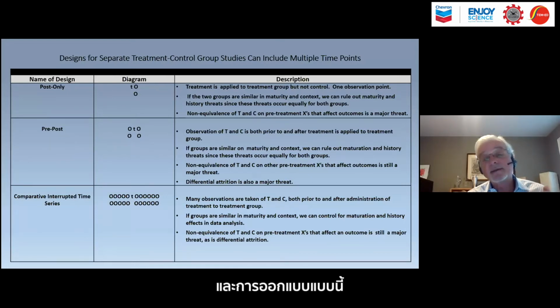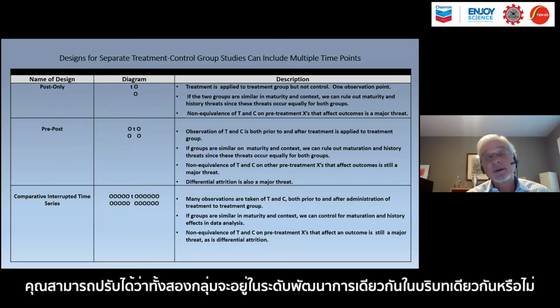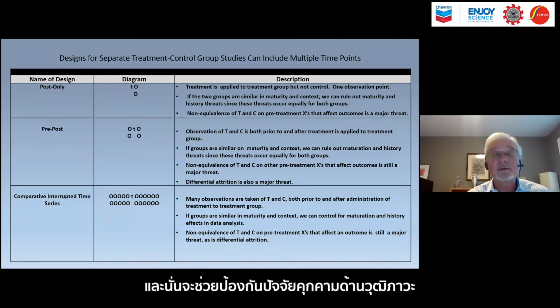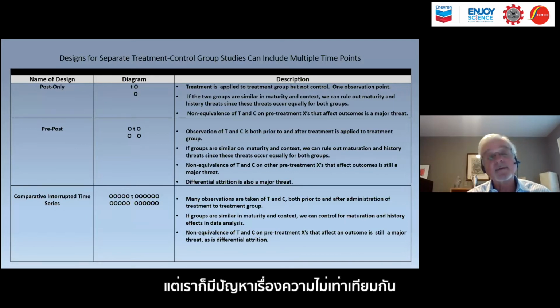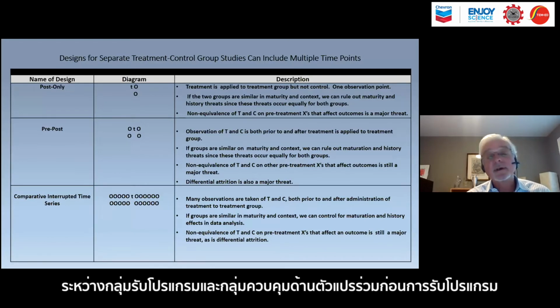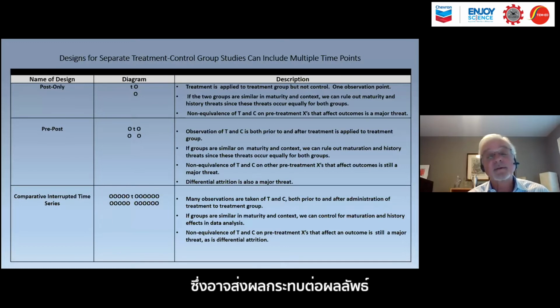And again, in this design, you can make a judgment about whether they're in the same context and of similar maturity levels, and that would rule out maturity threats. But again, we have this problem of non-equivalence of treatment and control on other pre-treatment covariates that might affect outcomes.